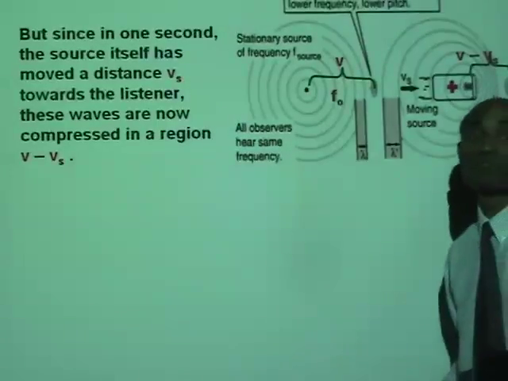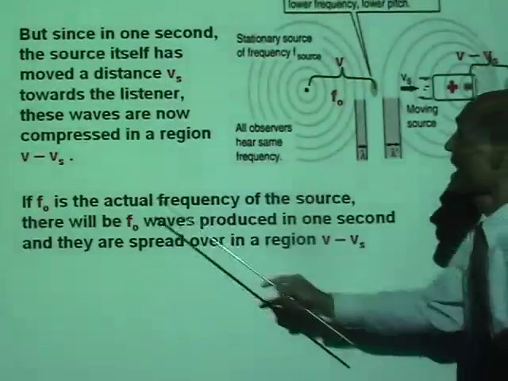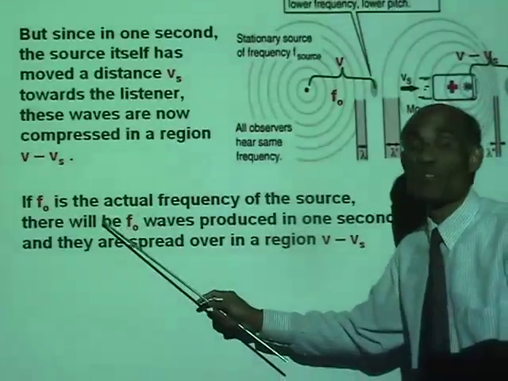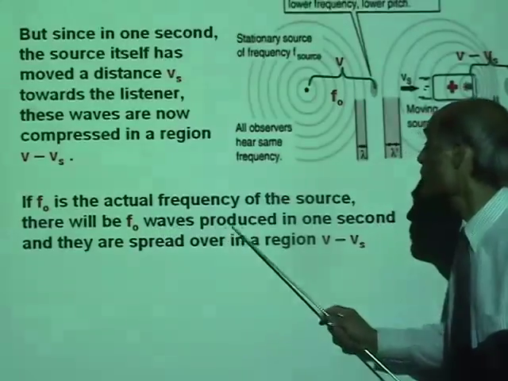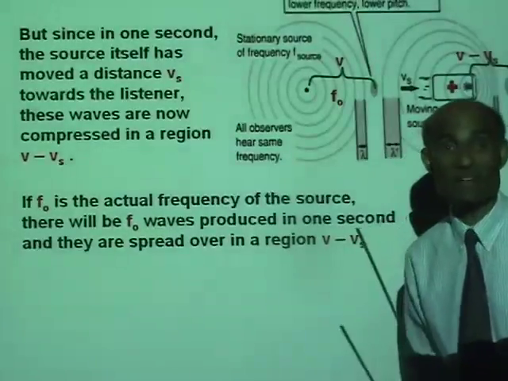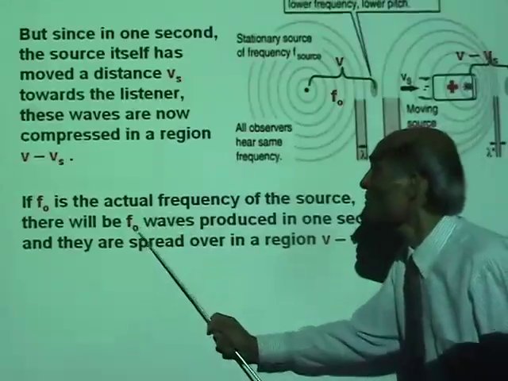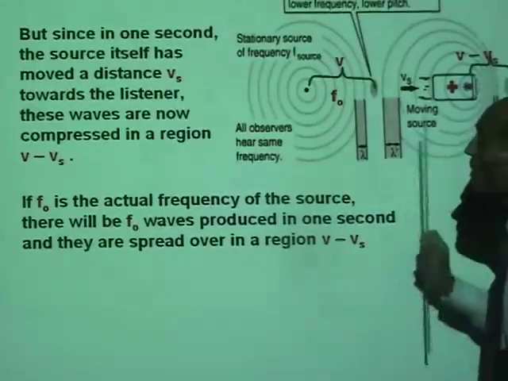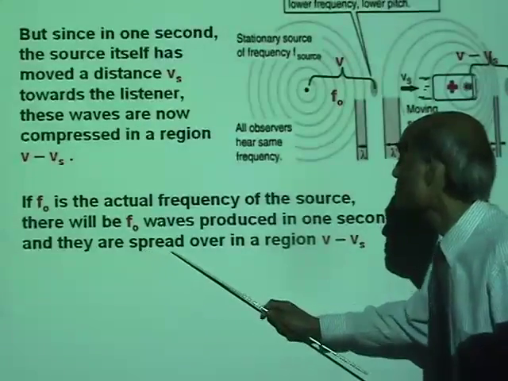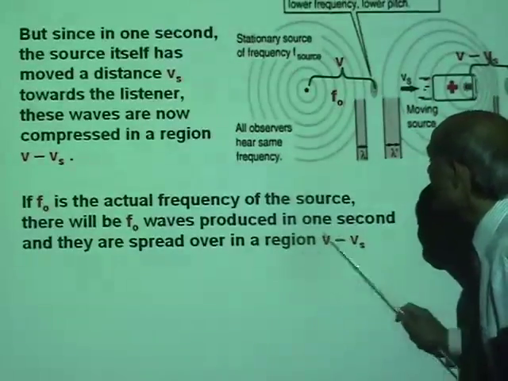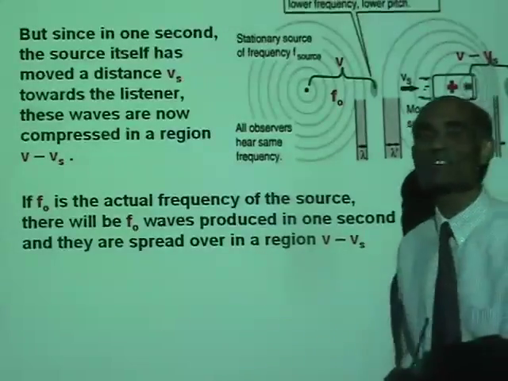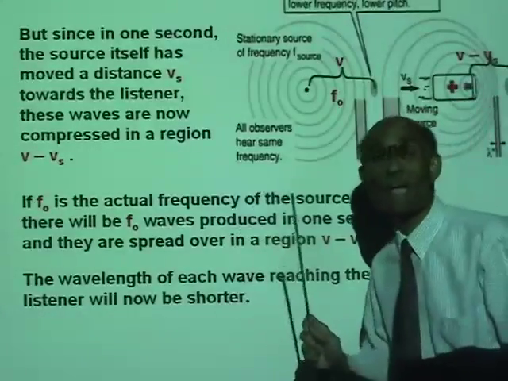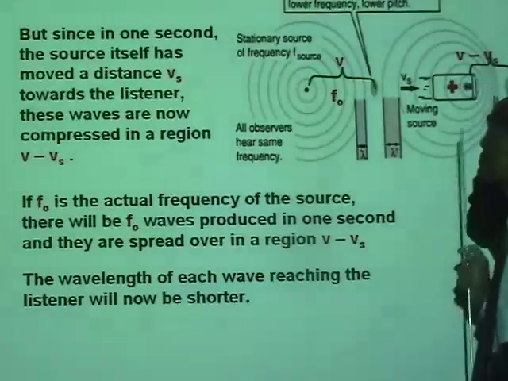V minus Vs. Now, if F0 is the actual frequency of the source, there will be F0 waves produced in 1 second. And all these F0 waves, now here are the F0 waves, are now spread in a distance V minus Vs. And therefore, what is the apparent wavelength of each wave?